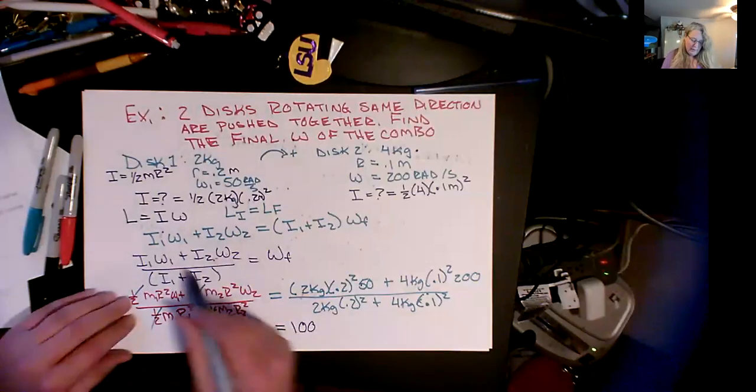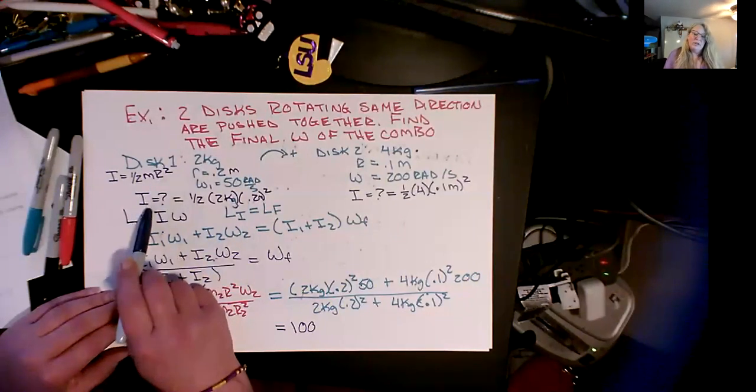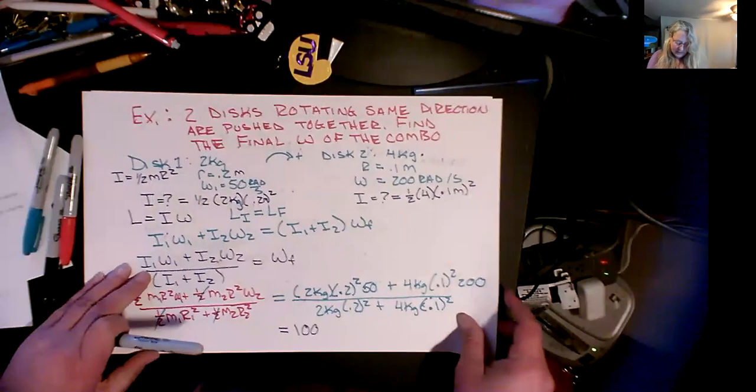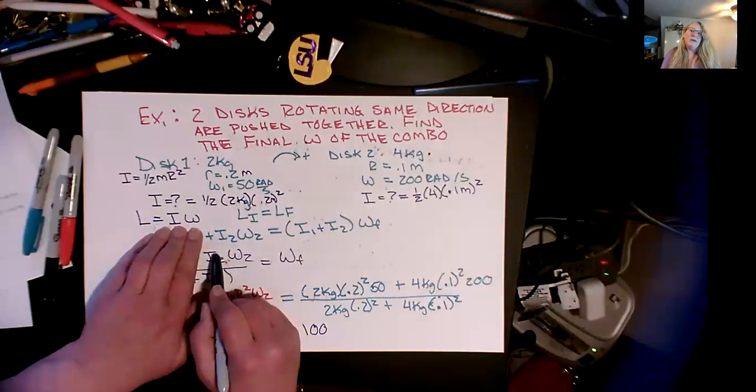What they're doing is taking their inertia and shrinking down that R. So their initial and final depend on how much they've shrunk that R. For my ice skaters, it's just I omega equals I omega.